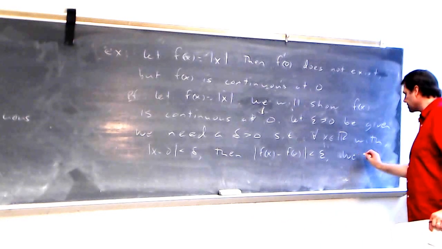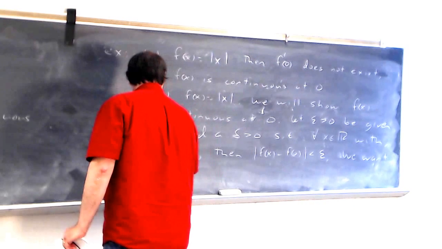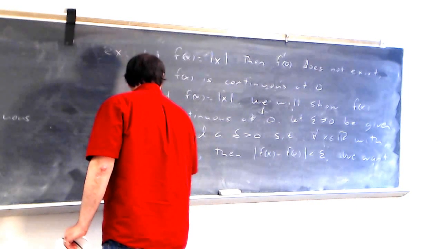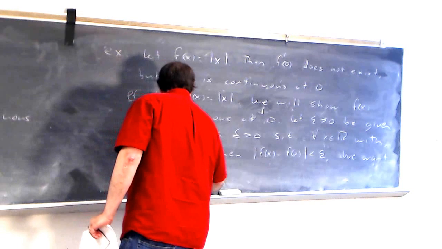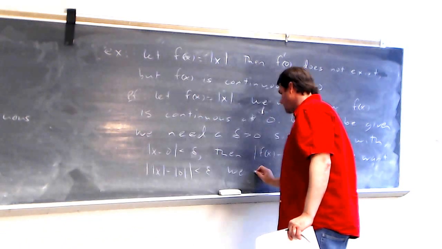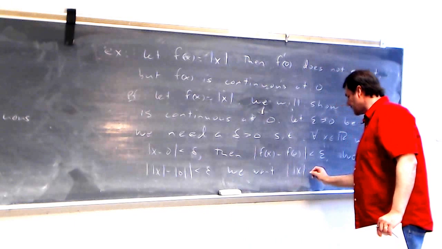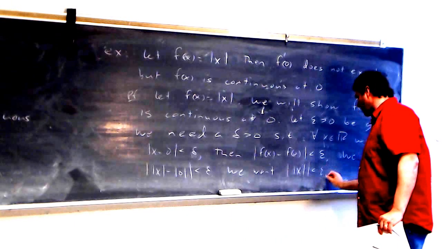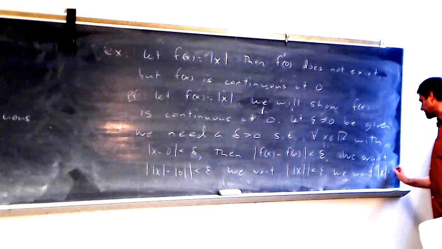So we want the absolute value of x minus the absolute value of 0 to be less than epsilon. We want the absolute value of x to be less than epsilon.